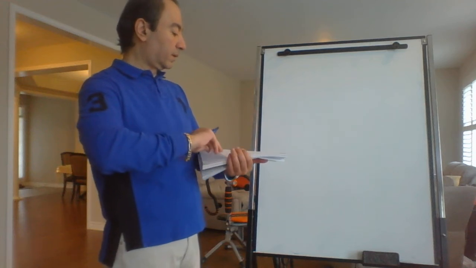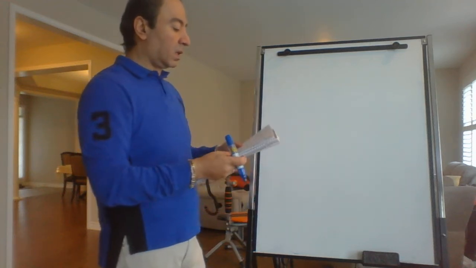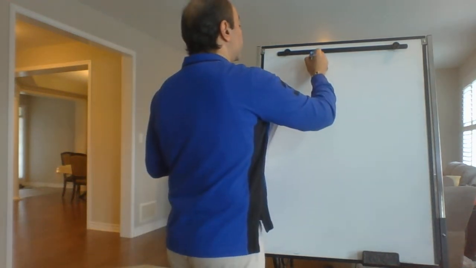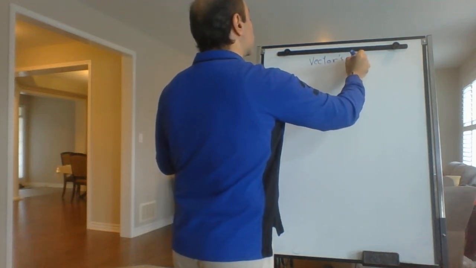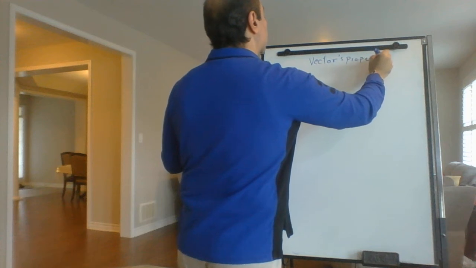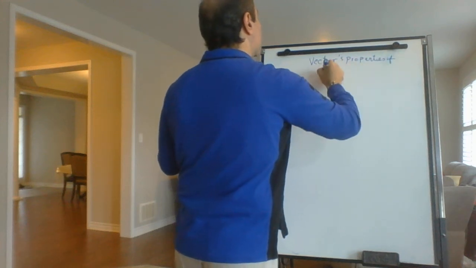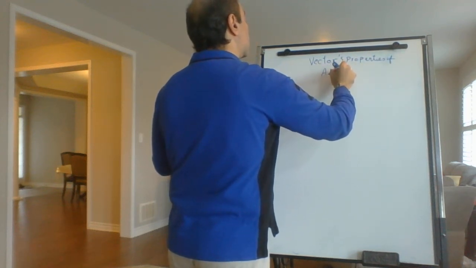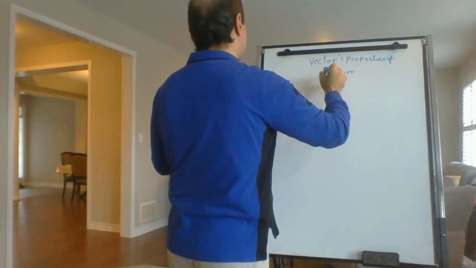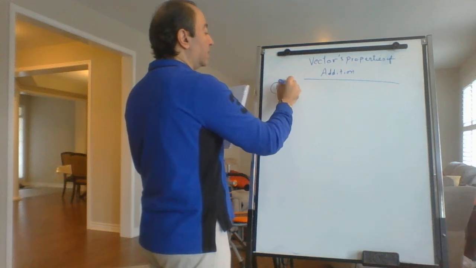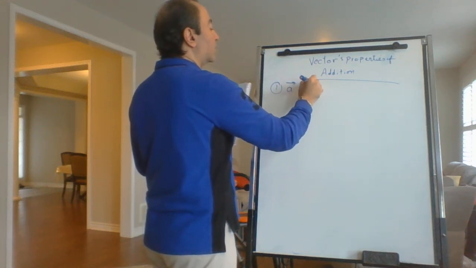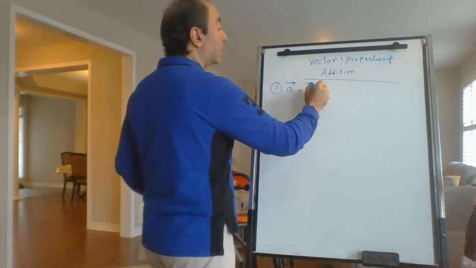So, okay, the first thing is vectors, properties of addition. So what are the properties of adding vectors? The first property is which vector we start with doesn't make a difference.